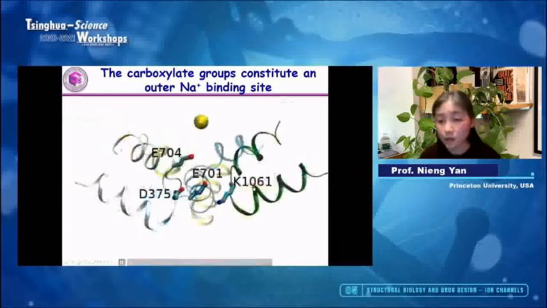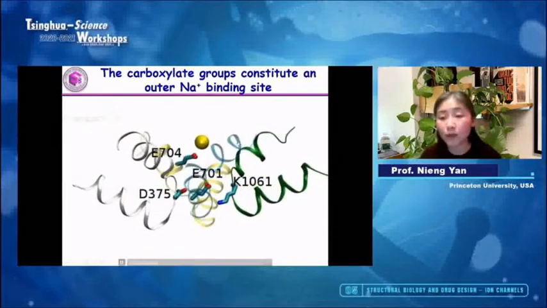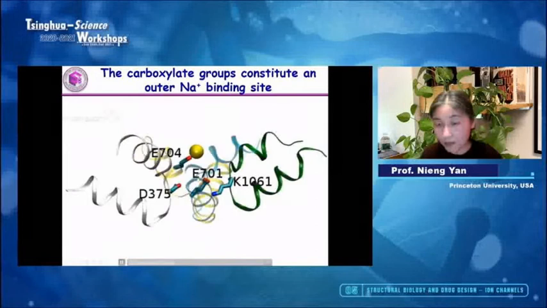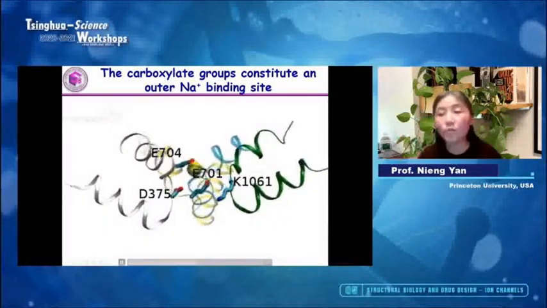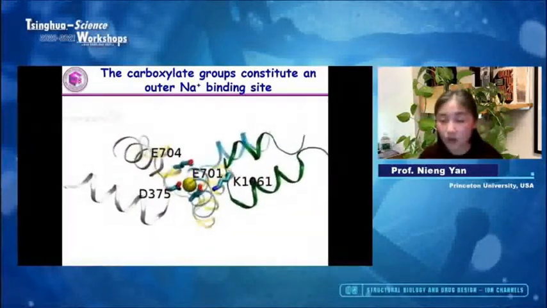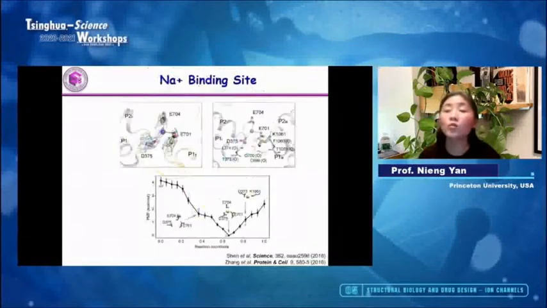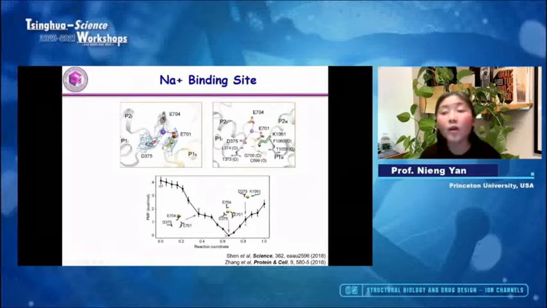This molecular dynamics simulation performed by Juanrong showed this permeation path, and just a few months after this discovery, we actually solved the high resolution structure of sodium channel at 2.6 angstrom, and this time we could see a density that very much likely belongs to a sodium. As you can see, it is just consistent with the computation.